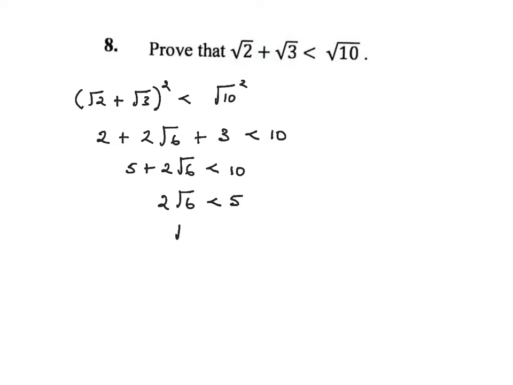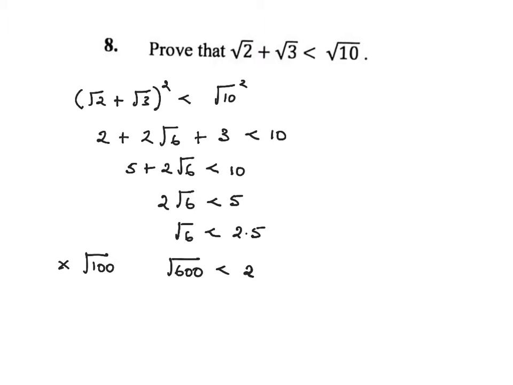and then divide by 2, 5 divided by 2 is 2.5. Now, what I want to do is to multiply by root 100. That gives me root 600 here. And the root of 100 is 10. 10 times 2.5 is 25.